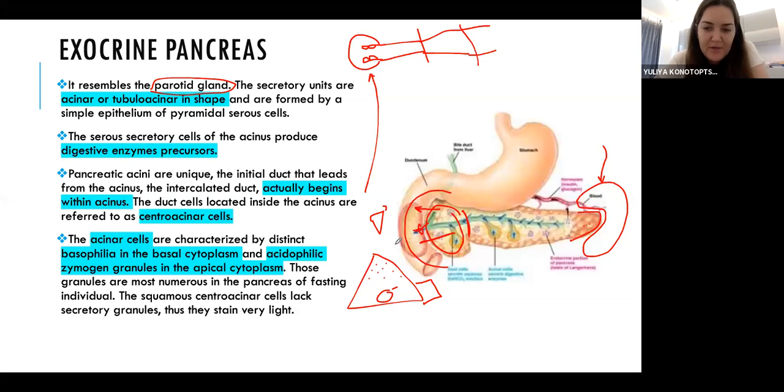Now, the apical area, the zymogens, these are inactive proteins, so they have a positive charge. So will hematoxylin like this area? Of course not. So who will like this area? Yes, eosin. So that's why it's going to be a red color at the top and a blue color at the bottom.